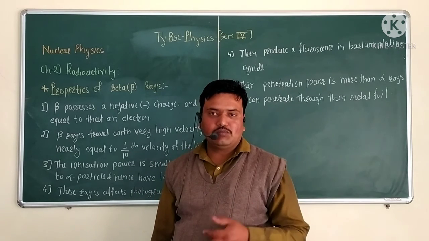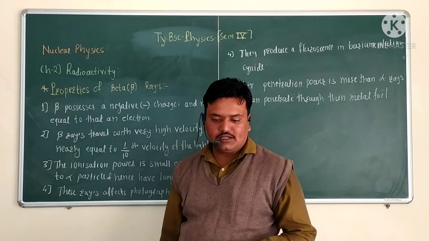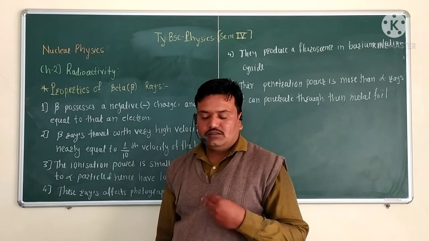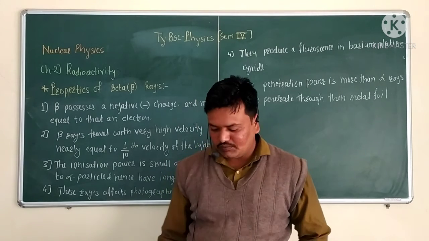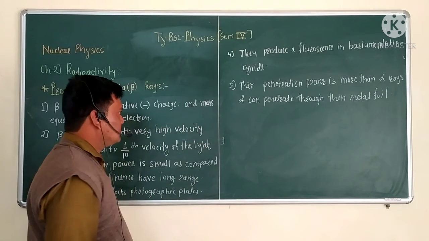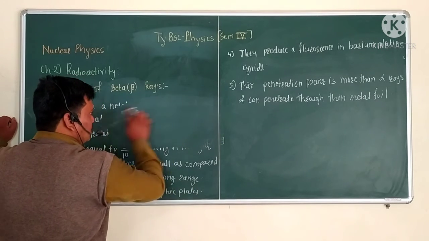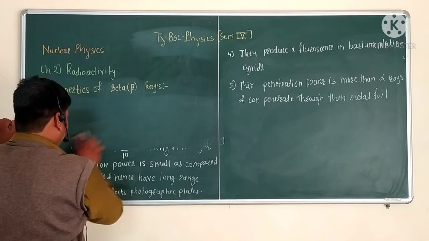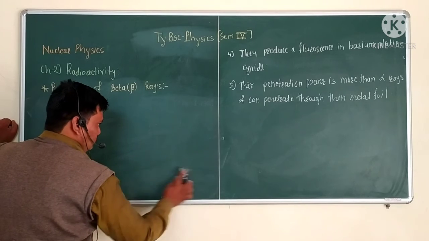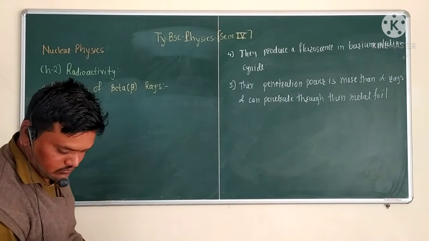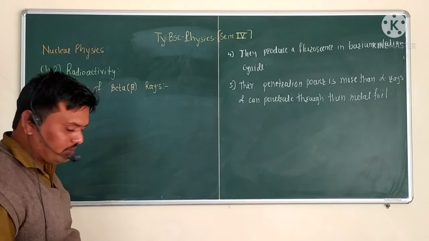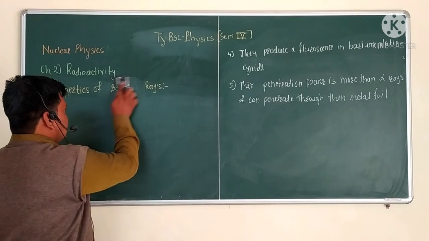Their ionization power is small as compared to the alpha particle, they affect the photographic plate, and their penetration power is very large as compared to the alpha particle. Now next we want to see the properties of the gamma particle, or gamma rays.